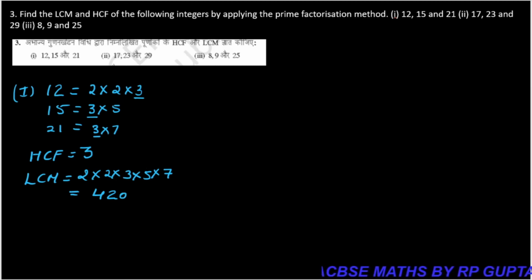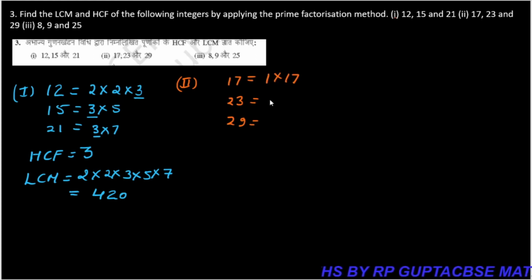Now I am going to tell you the second part. See how to do the second part. What is given here? 17, 23 and 29. For 17, 1 into 17. For 23, 1 into 23. For 29, 1 into 29.